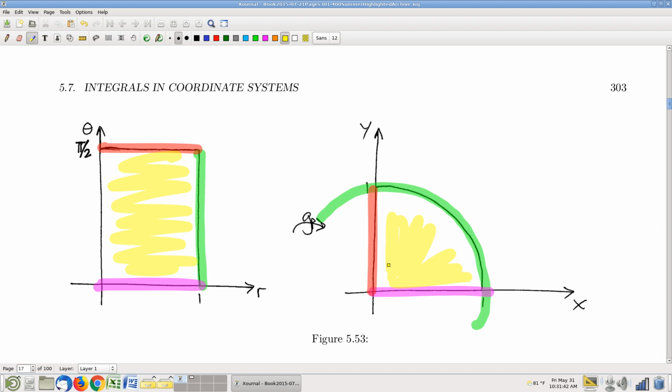Now, some students are a little uncomfortable with the fact that this rectangle here is open, and what's going on over here. Let me point out that there is something really special about that edge. All the points on that edge, r equals 0. It's on the theta axis, so r equals 0, which is just the origin down there.